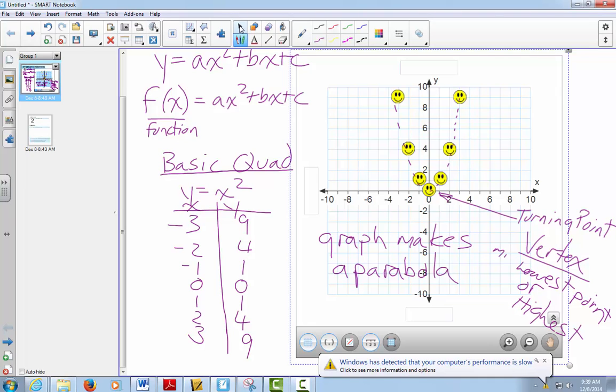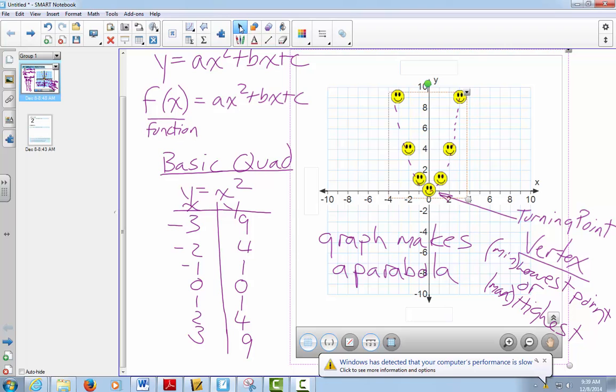Basically the minimum or maximum. So it's the lowest point in this particular one, but if we were to take that same quadratic and flip it upside down, all of a sudden that's the maximum point. But we'll get to that again. That again we'll delve into a bit later.